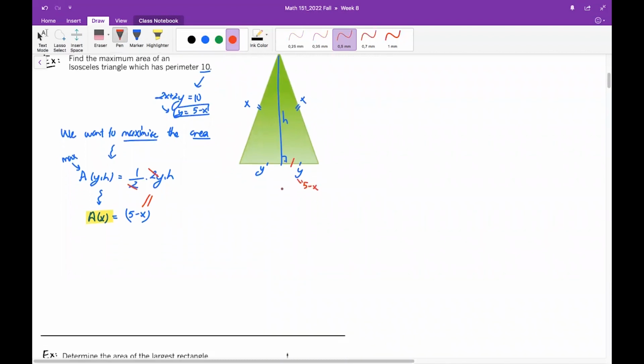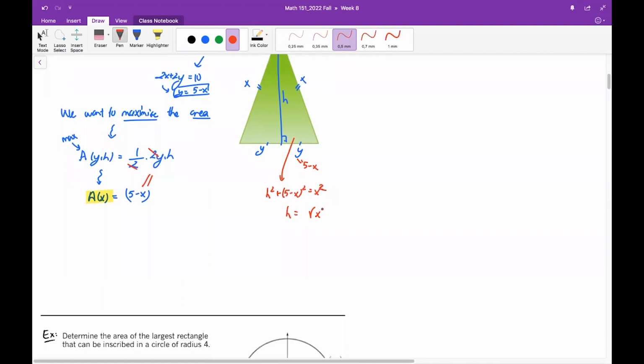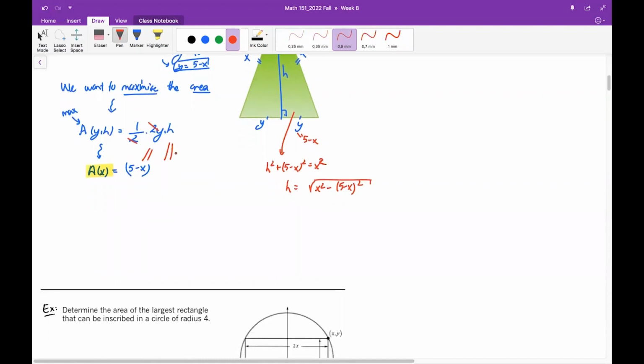Yes, it is possible if you look at this right triangle and apply the Pythagorean identity. You have this equality. So h can be written in terms of x like that, right? 5 minus x squared. Okay, this is the expression for h in terms of x. So let's also insert it to here.